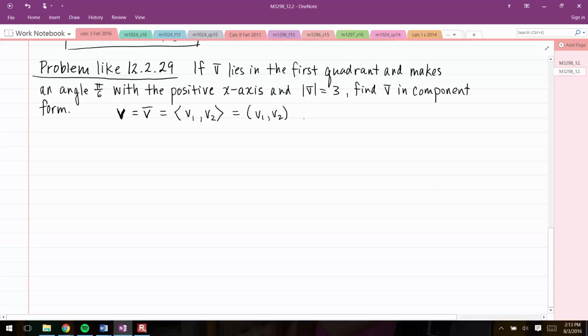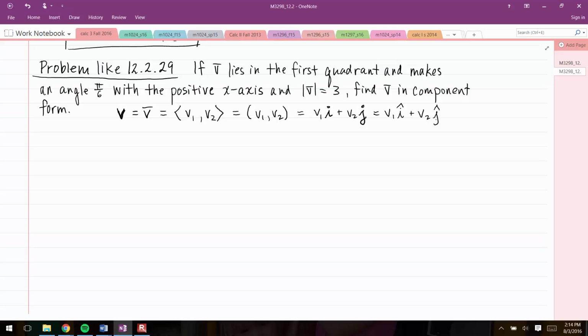Then we have the IJK notation, where we have i in boldface plus j in boldface, or i hat and j hat, which I used back in physics. We got a lot of options here, but just a quick review. So we're trying to find v sub 1 and v sub 2.